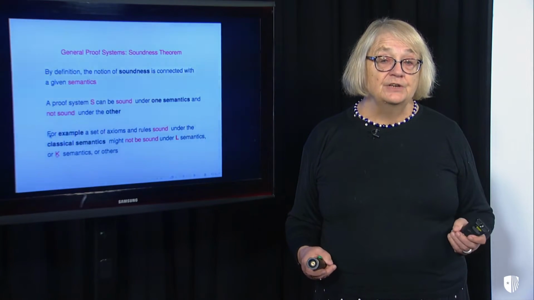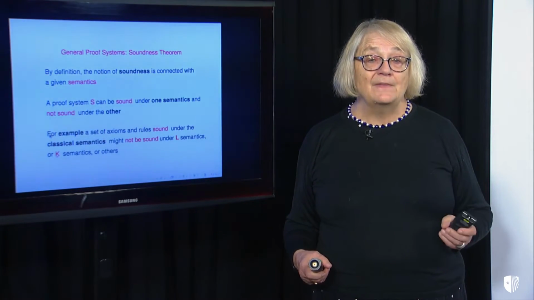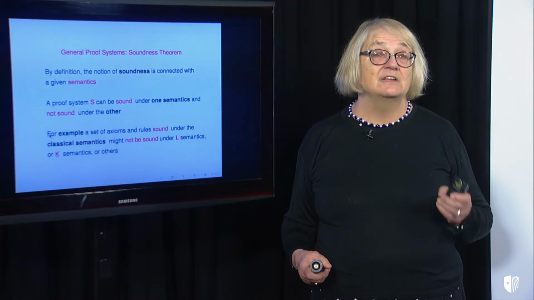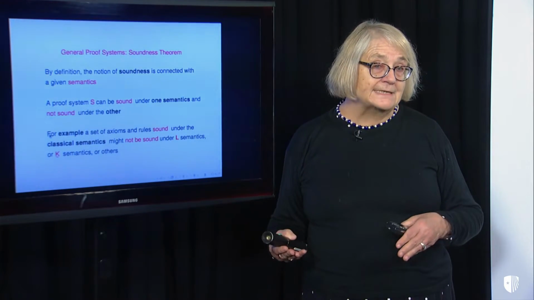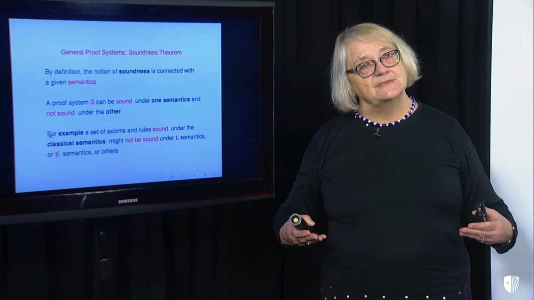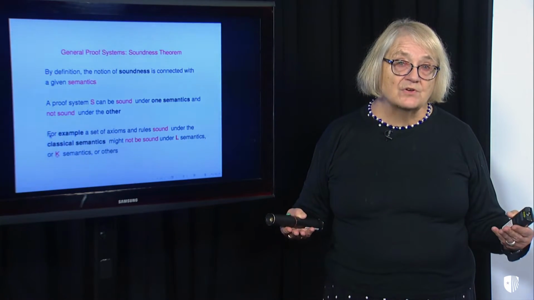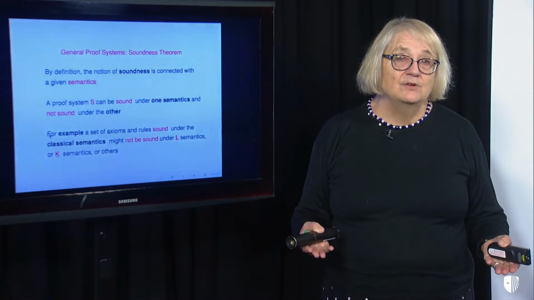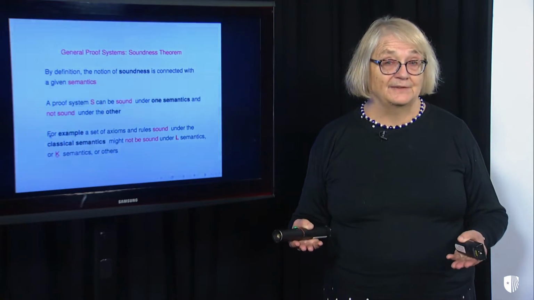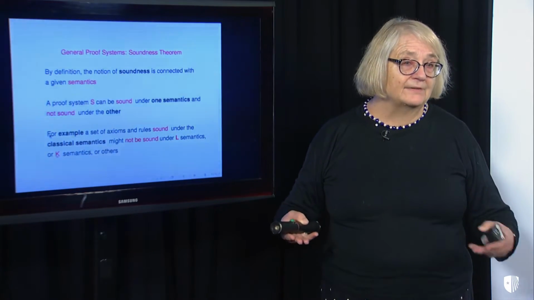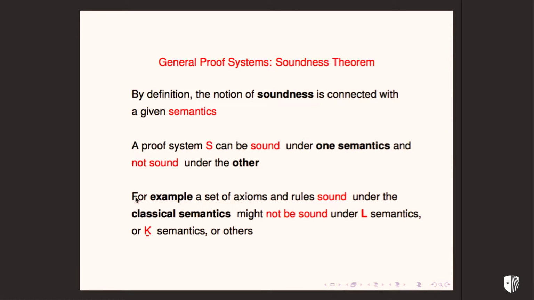By definition, the notion of soundness is connected with the given semantics. And you will see that some proof systems can be sound under one semantics and not sound under another. Of course, when you do mathematics and you do things in your head, and you do proving, the proofs are not formal proofs, and everything happens under classical semantics.